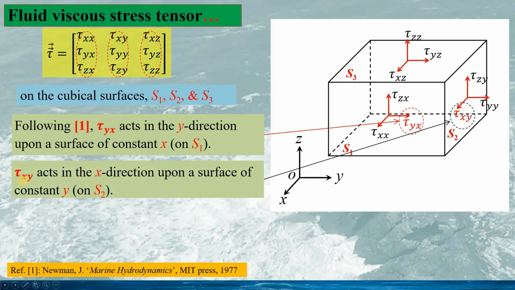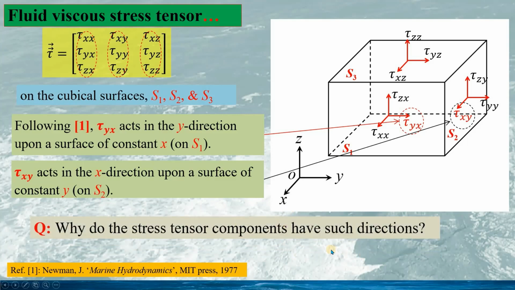While the stress component tau xy is acting in the x direction, see here the first subscript, upon a surface of constant y, see the second subscript here, y. So this is on the surface S2. So one question here: why do the stress tensor components have such directions?